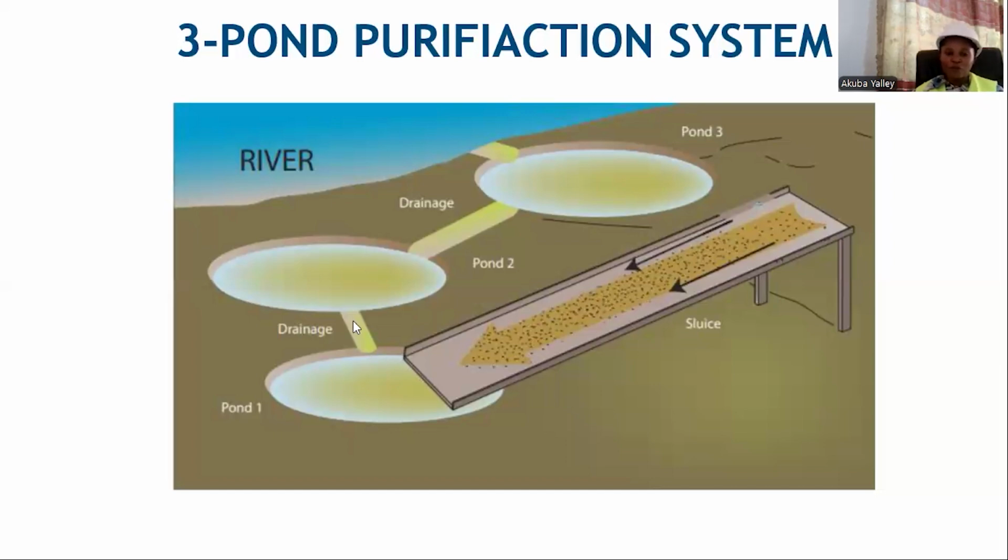So as the water flows through the channels, absorption is also taking place. So we see that the heavy metals will be reduced and the chemicals will be reduced.